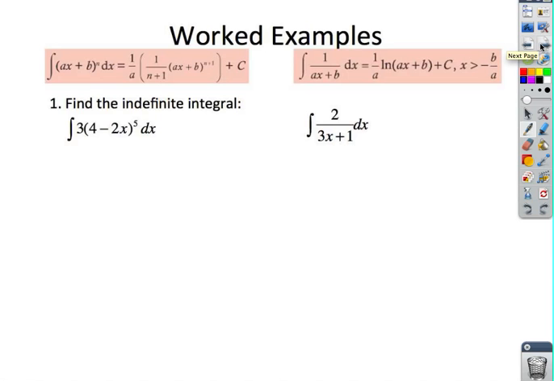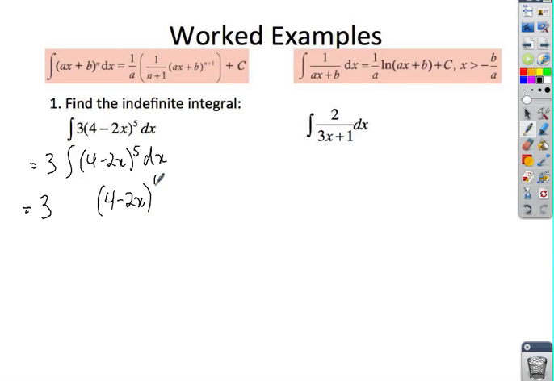In the first example here, we'll combine some of the rules that we learned in the last lesson. I might rewrite this first example as 3, taking out the constant, and then the integral of 4 minus 2x to the 5 dx. I'll keep the constant in front. I'm going to integrate the 4 minus 2x portion, which stays in parentheses, and you apply the power rule.